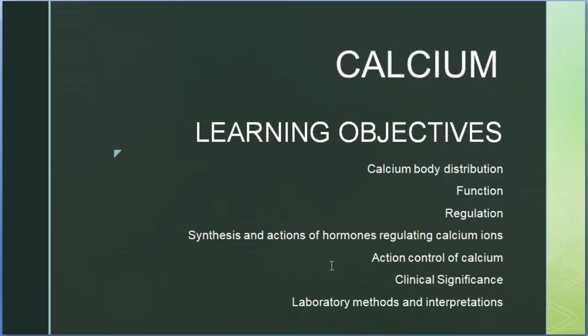The synthesis and action of those hormones regulating your calcium ion, specifically your parathyroid hormone, your calcitonin, and your vitamin D. Then, the action control for calcium, the clinical significance or the different disorders relating to your calcium level, your hypocalcemia and your hypercalcemia. And then, the different laboratory methods and interpretations.